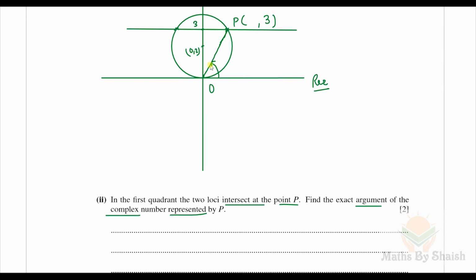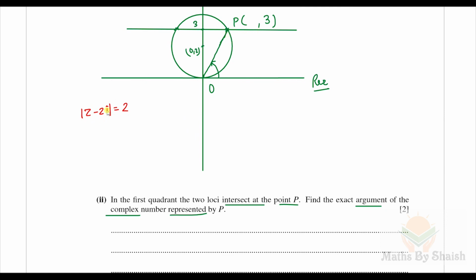So if the y coordinate is 3 and the circle is given as modulus of z minus 2 iota is equal to 2, then what would be the value of the x coordinate here?